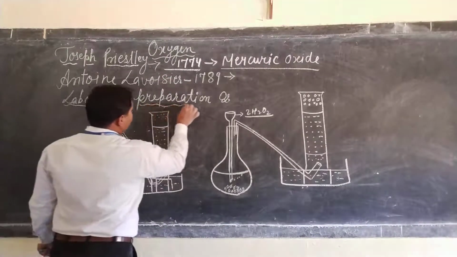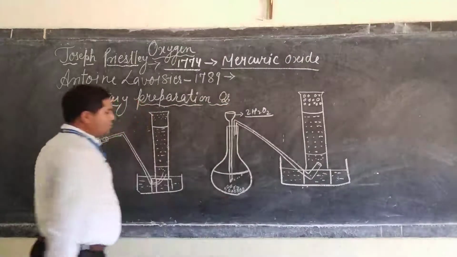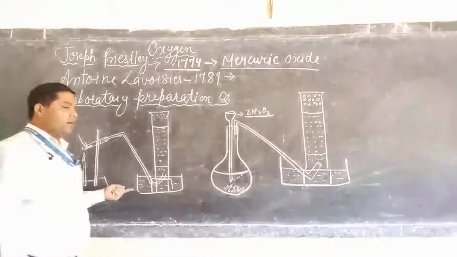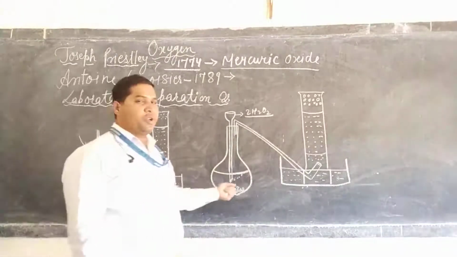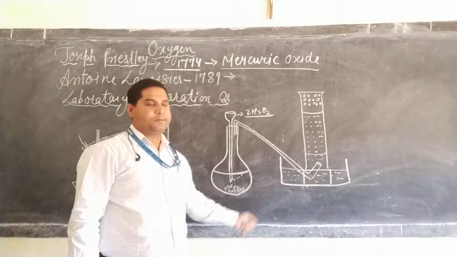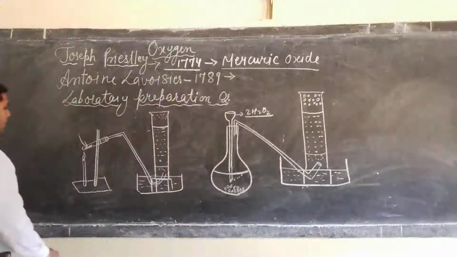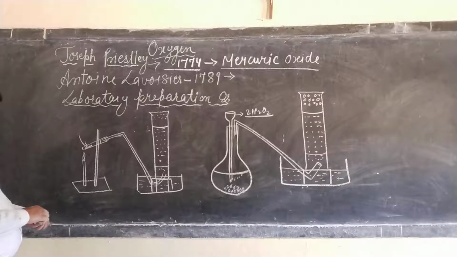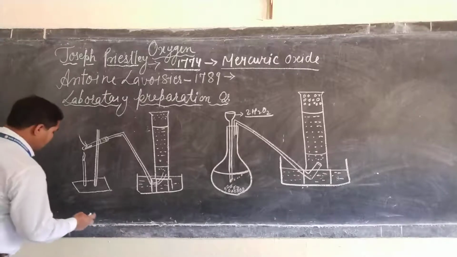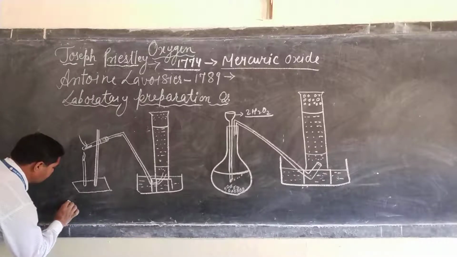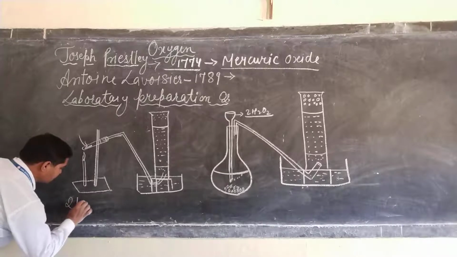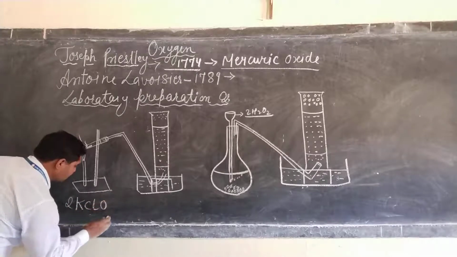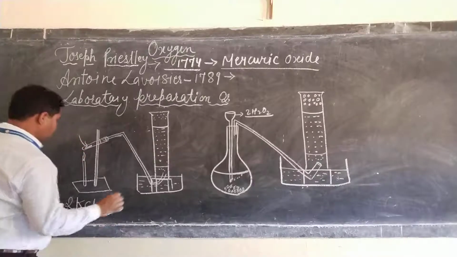Dear students, in the laboratory I am going to explain two methods to produce oxygen. First, method A. In method A, potassium chlorate is the compound used.